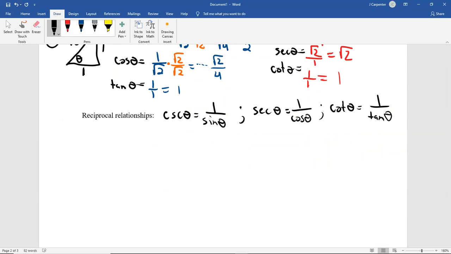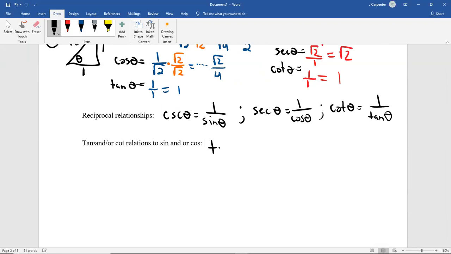Then what we also have are our relationships between tangent and cotangent versus sine and cosine. I don't want to use a slash for that. Tan and or cotan relationships, relations to sine and or cosine.